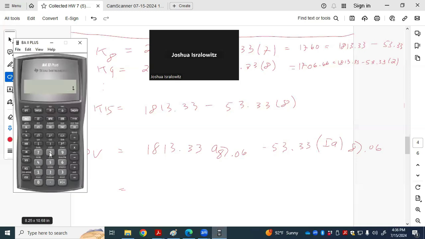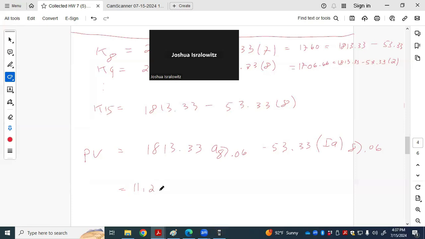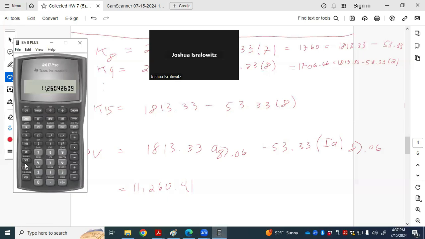So I can clear 1813.33. Right. So this is the payment. 8N, 6, interest, compute present value. Uh, 41. Sorry, 42.